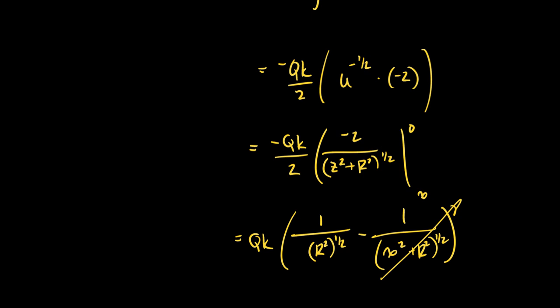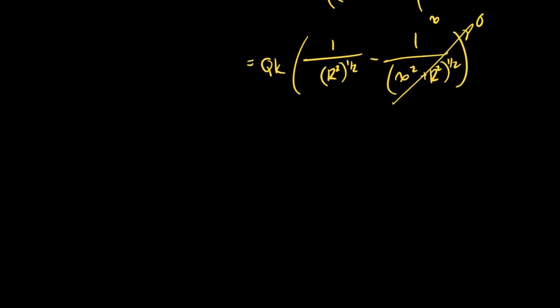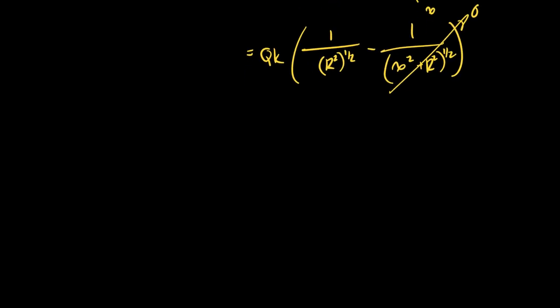Well, that's 0, right? 1 over infinity squared to the 1/2 is 0, but it's still 1 over infinity. And r squared to the 1/2 power is just r, so this is qk over r. That's got to be the electric potential at the center.